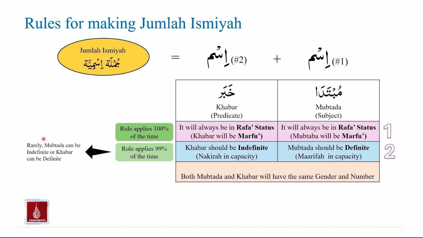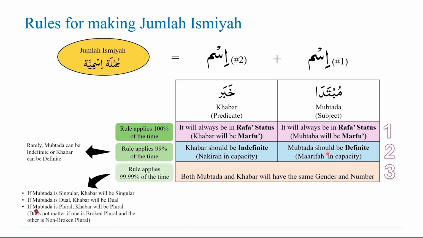Rarely we will see that mubtada can be indefinite or khabar can be definite. So, the first rule is that both mubtada and khabar will be rafa in status, and the second rule is that 99% of the time mubtada should be definite in capacity and khabar should be indefinite in capacity.